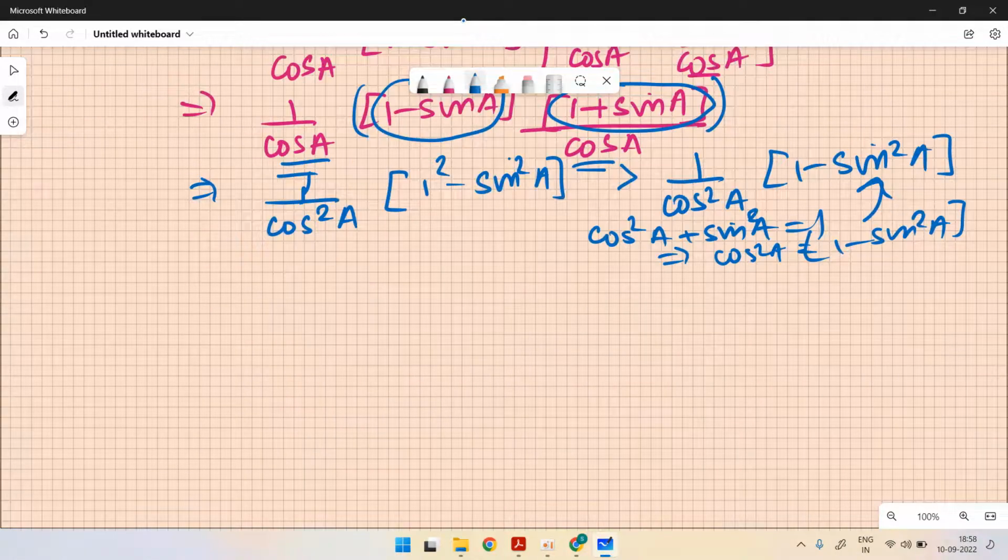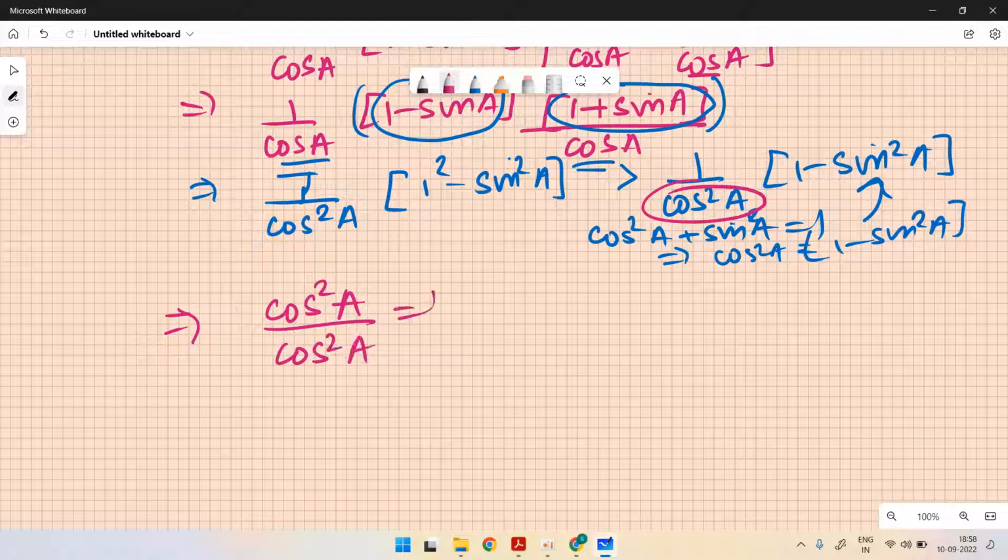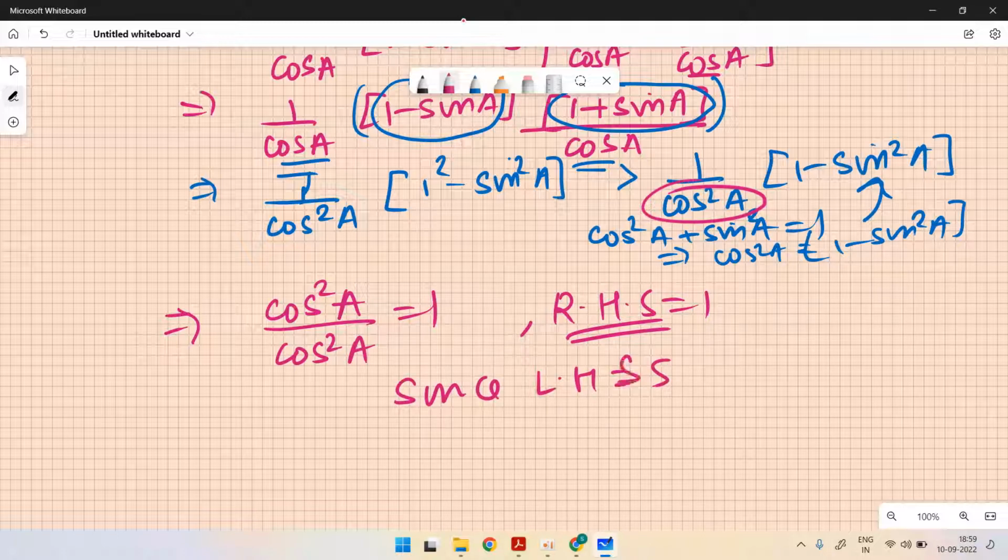In place of 1 minus sine square A, you will substitute cos square A, and the denominator is already cos square A, so this is equal to 1, and the RHS is also 1. Since LHS is equal to RHS, hence proved.